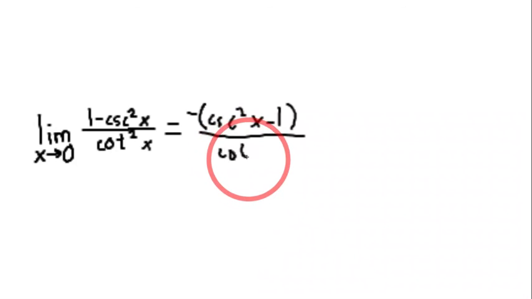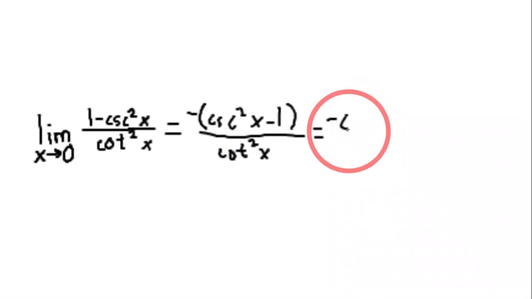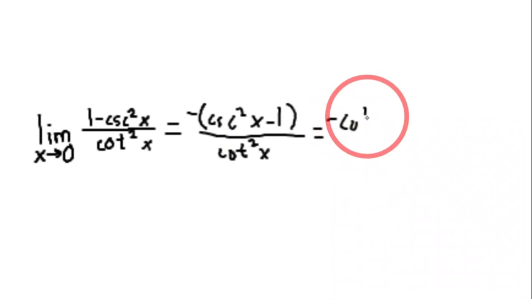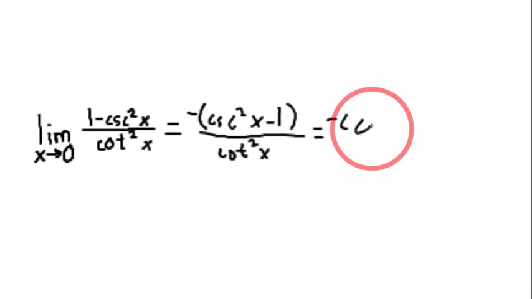And now that we have this in a form we can work with really easily, we can rewrite this as negative cotangent squared of x over cotangent squared of x. And that is because of our Pythagorean identities.